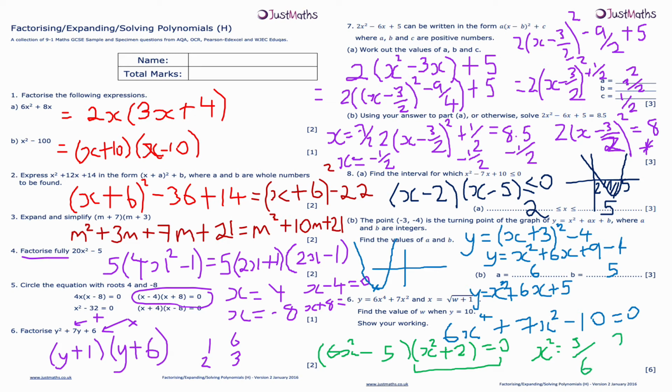So adding 5 to both sides, I get 6x squared equals 5, divided by 6 equals x squared equals 5/6. x equals plus and minus the square root of 5/6. Okay. So let's just delete this actually.